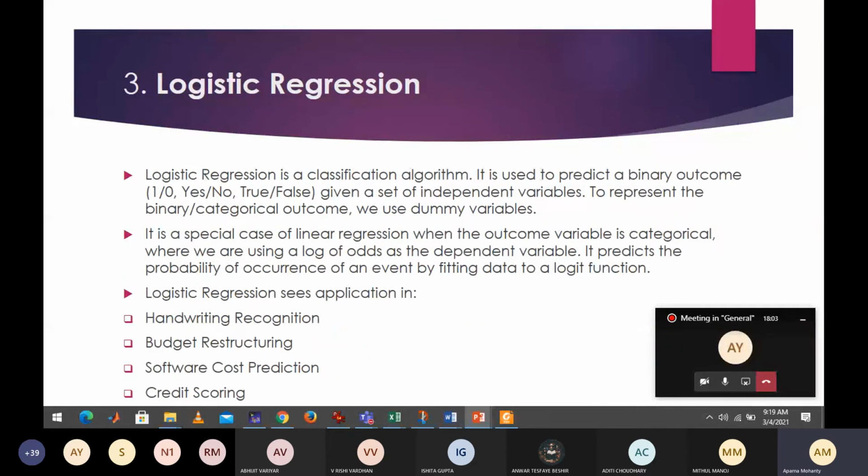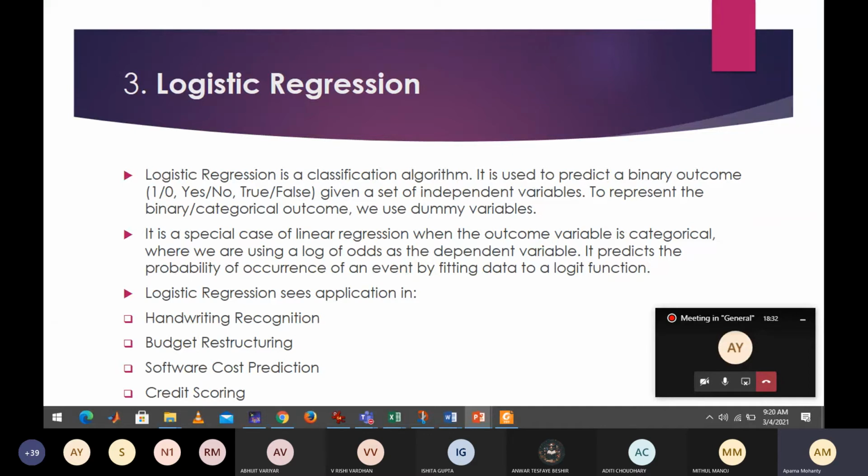Logistic regression is also one of the predictive analysis tools. In logistic regression, you try to reach the optimal value in a mathematical way. The outcome is generally yes or no. It is used to predict a binary outcome, either yes or no, given a set of independent variables.